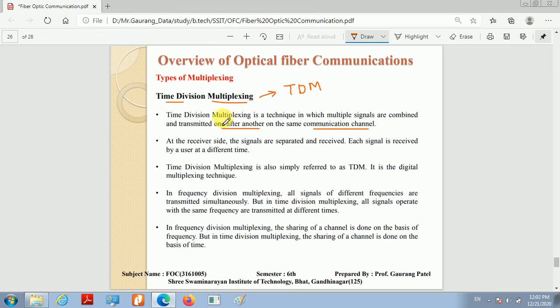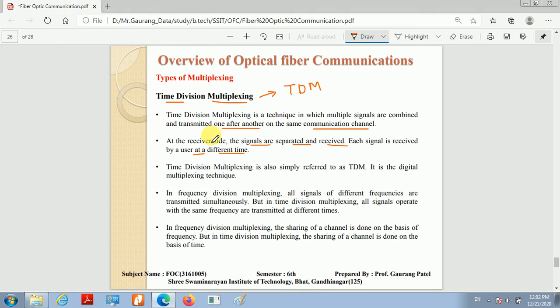Means in time division multiplexing, unlike FDM and WDM where signals are transmitted at the same time, the signals are not transmitted at the same instant of time, but they are transmitted one after another on the same communication channel. At the receiver side, the signals are separated and received by each user at different instants of time.